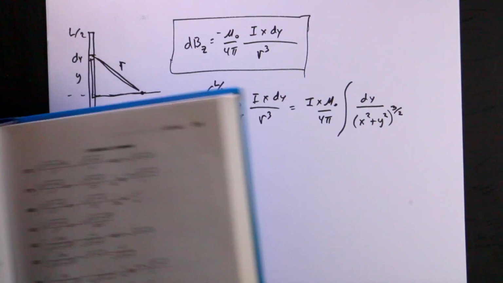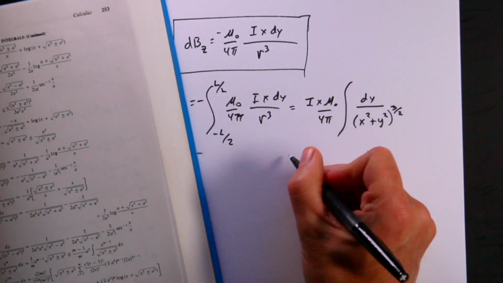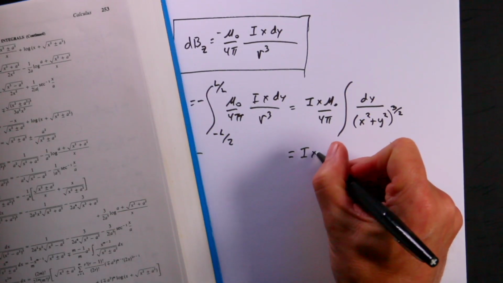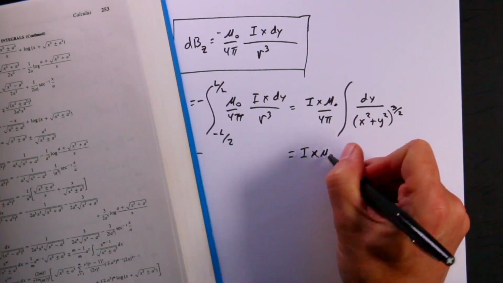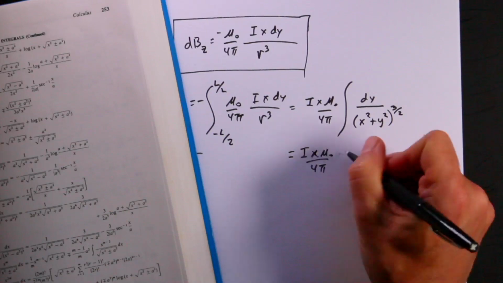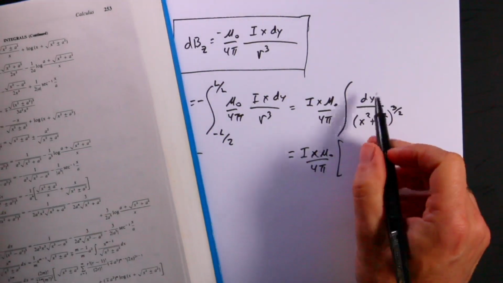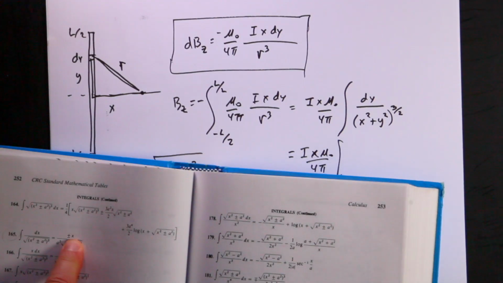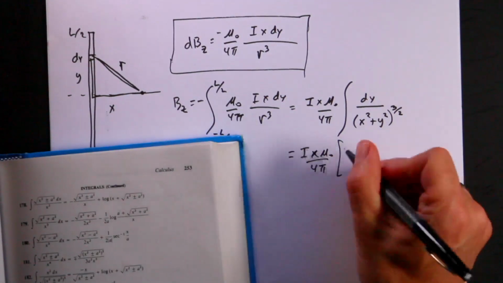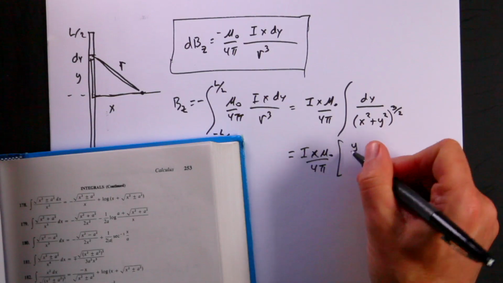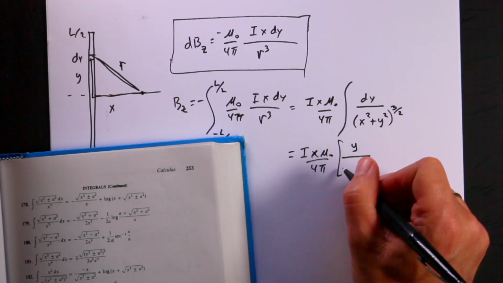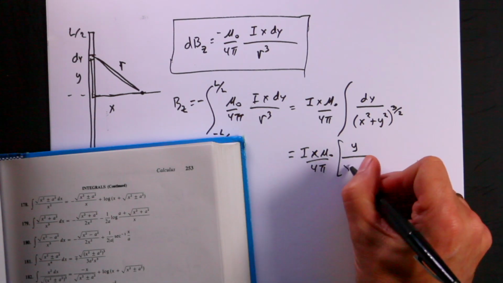Okay, so let's write that down. So this is going to be equal to I x mu naught over 4 pi. Now, looking at it, I have x, which is going to be my y, over a squared, which is x squared.